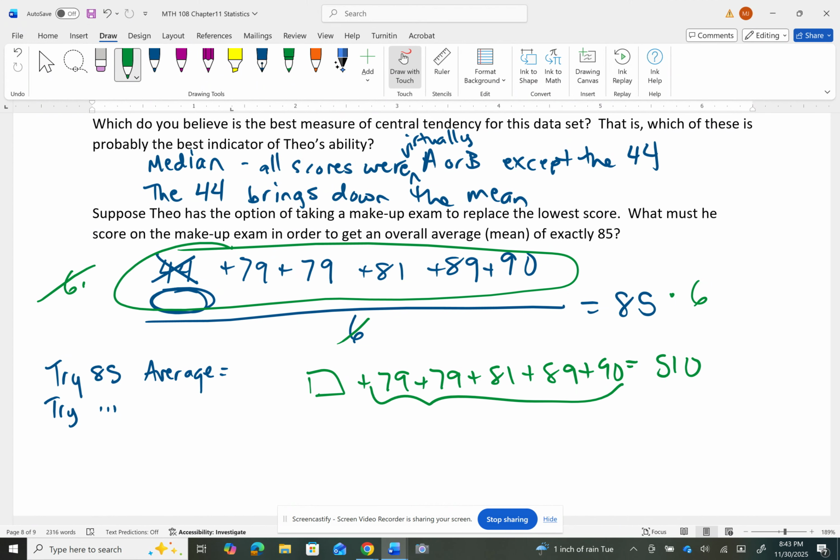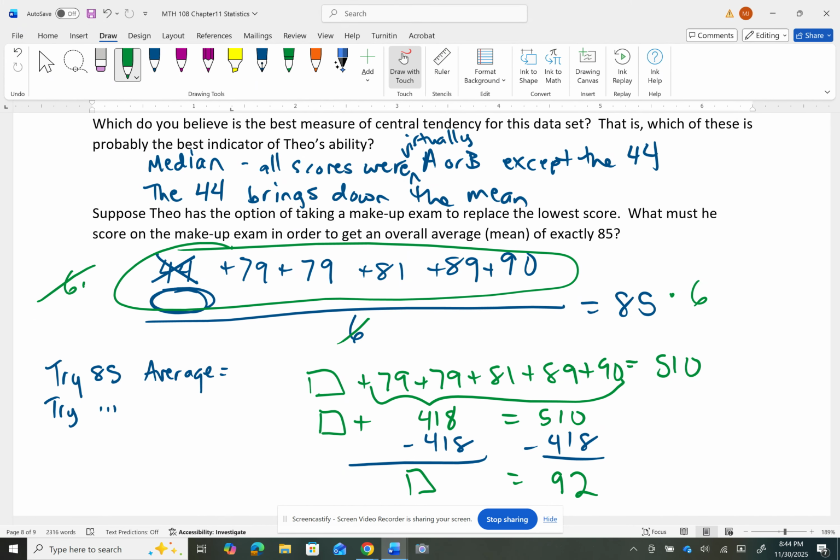And you know those add up to be 418. And so you can use your algebra skills to think, let me subtract 418 from both sides. And if I did that, I could see that a 92 would do it. But again, trial and error would be okay. Or you could use your algebra skills on that.